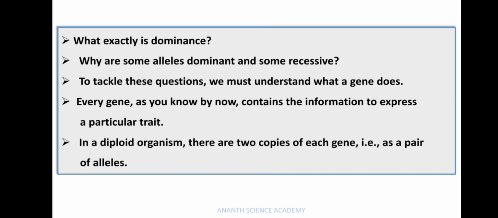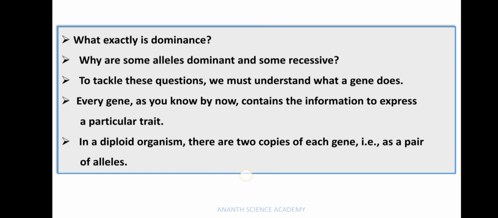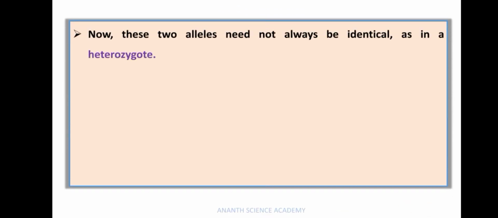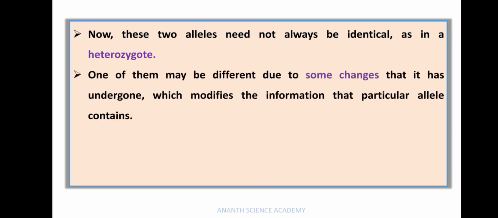In a diploid organism, there are two copies of each gene, that is, as a pair of alleles they exist. Now, these two alleles need not always be identical as in a heterozygote. One of them may be different due to some changes that it has undergone, which modifies the information that a particular allele contains.